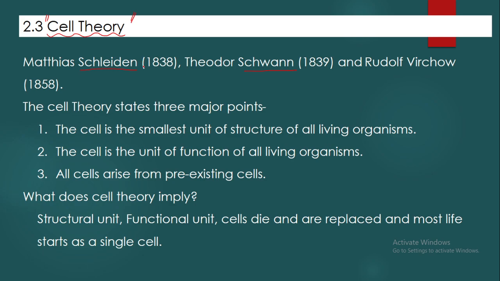One was a botanist, the other a zoologist. Both scientists saw that all living organisms are made up of cells, small structures which are the smallest unit of structure. One whole plant or one whole animal may be there, but individually they are all made up of very small structural units called cells.